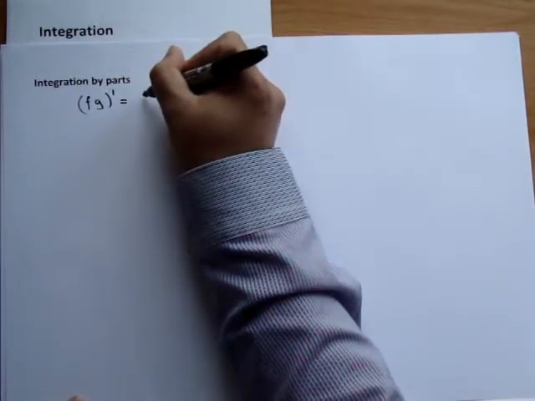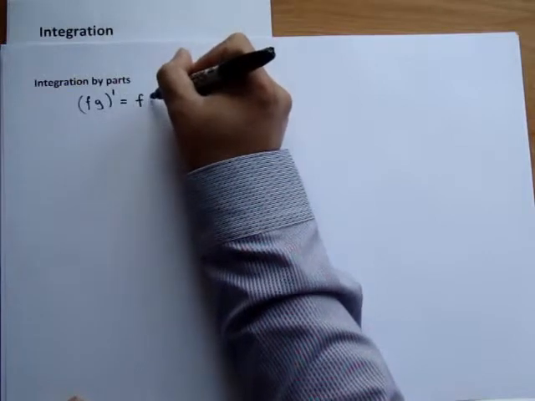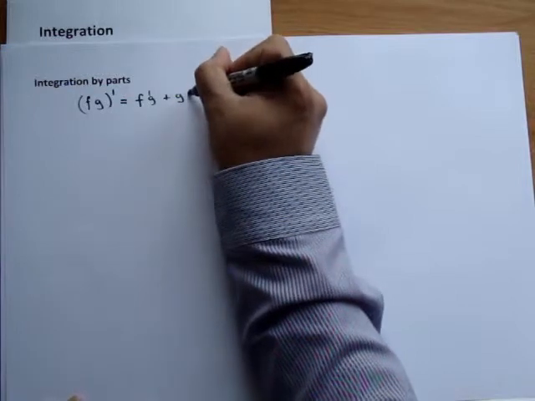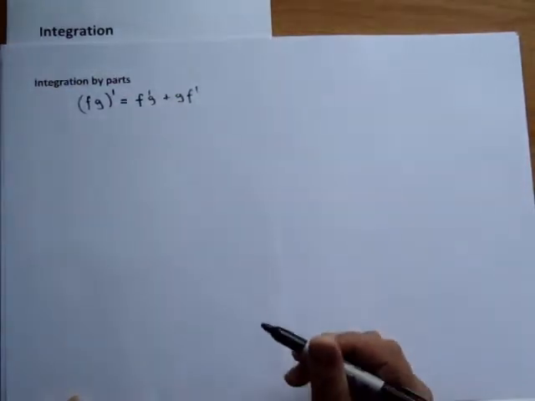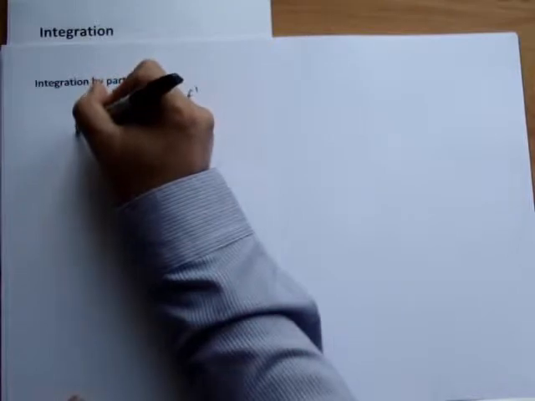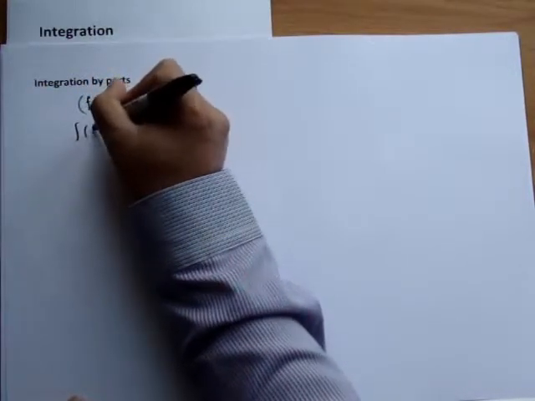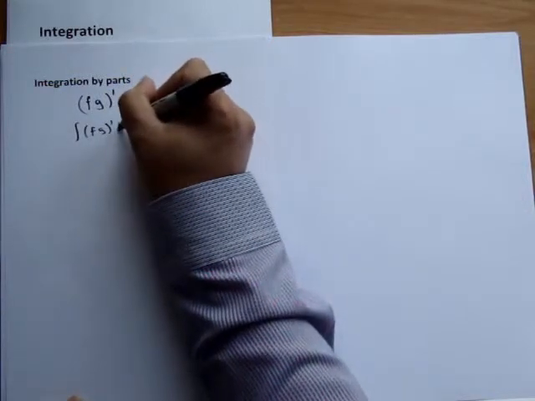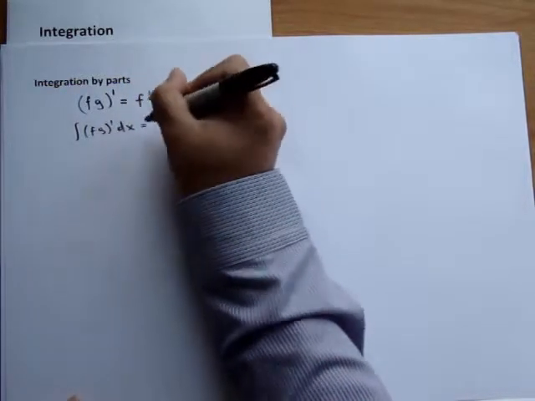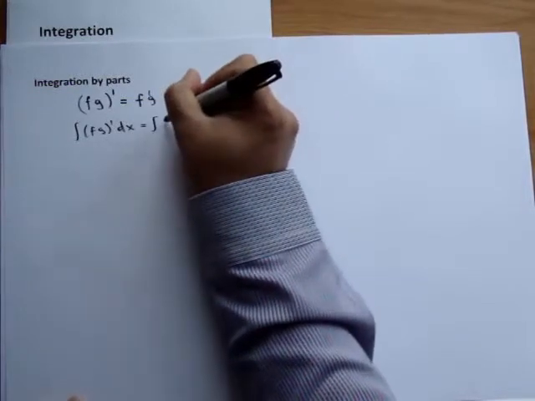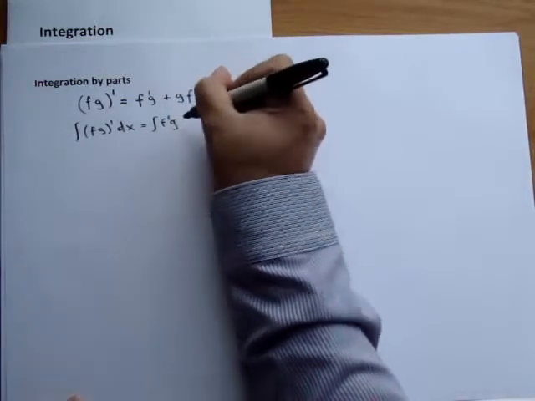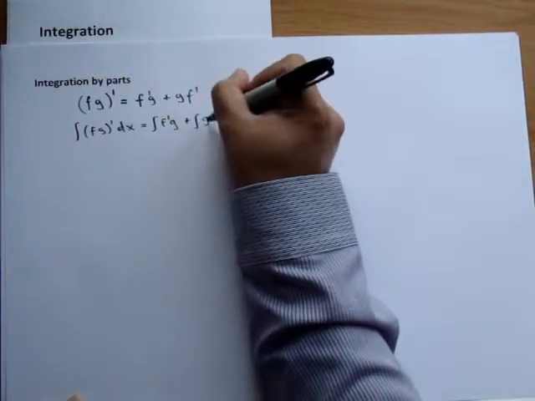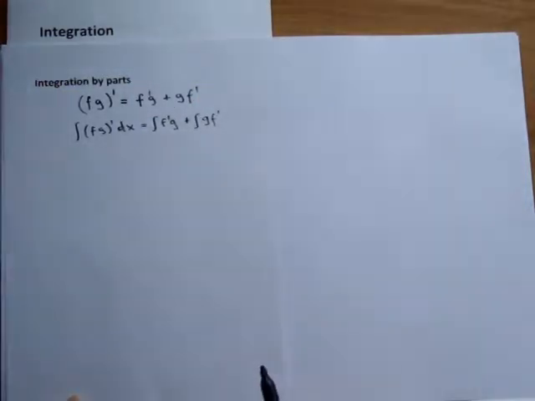the product rule from differentiation, which says that... now we can integrate... integral of f g plus the integral of g f.